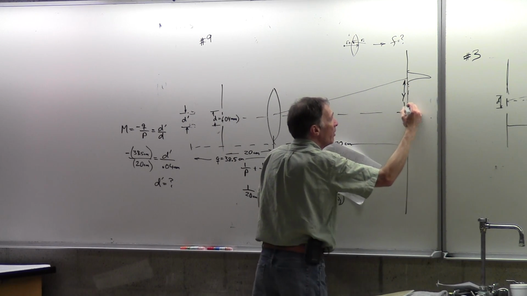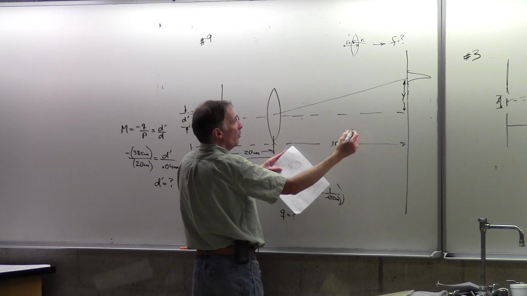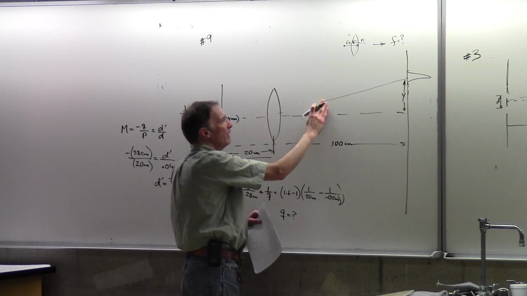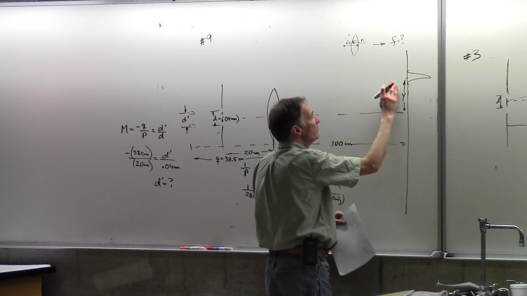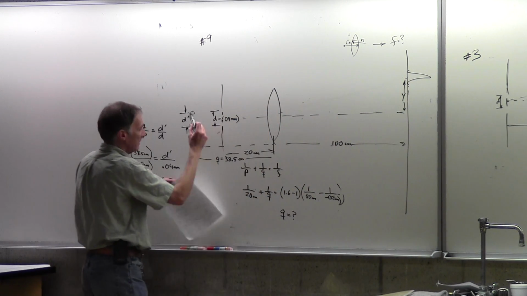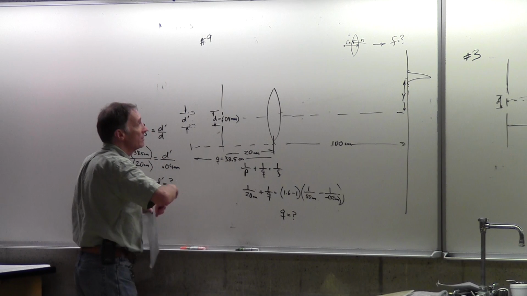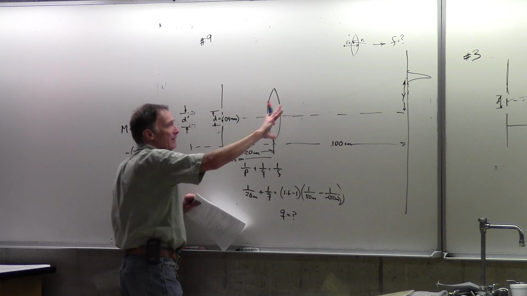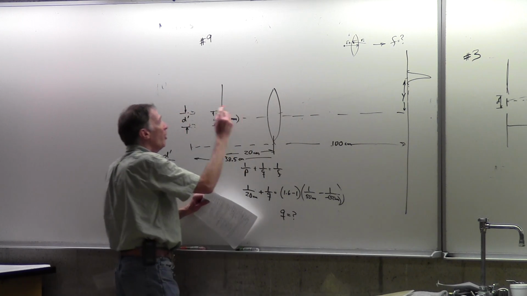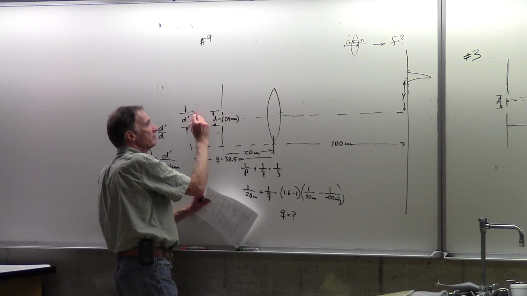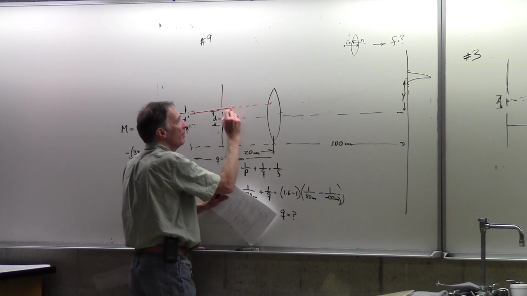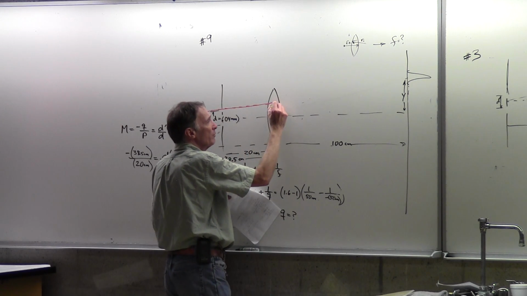I'm going to assume small angles. There's some L away. Oh, actually, let's see, be careful. I don't want to do it from the center of the lens. Keep in mind that the slit, maybe I'll change colors here just to emphasize this, that I'm getting the light effectively coming from here as though it's coming from the lens. Actually, this light is coming this way, goes through the lens.